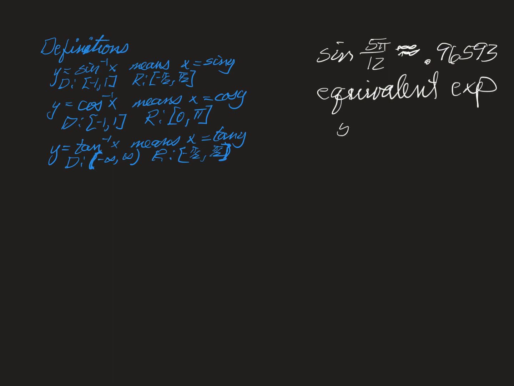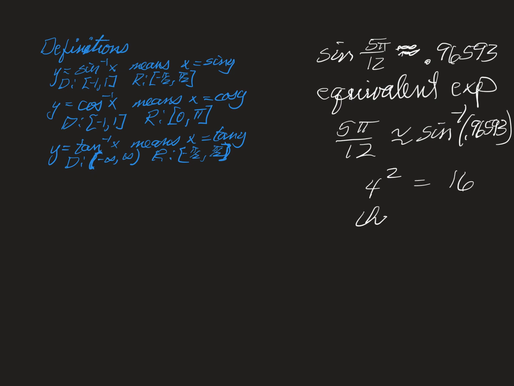So that would be 5 pi over 12 is equal to the inverse sine of 0.96593. This is very much like writing if 4 squared equals 16, then the square root of 16 equals 4. That's kind of what you're doing. You're writing the relationship and the inverse relationship, and they're equivalent expressions.